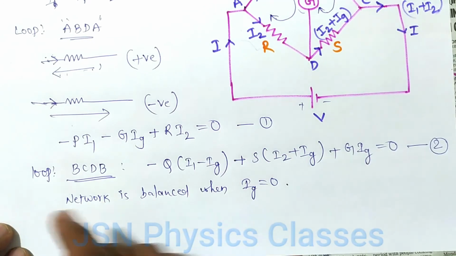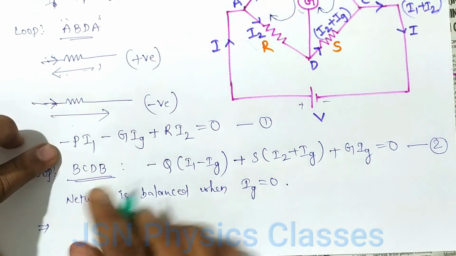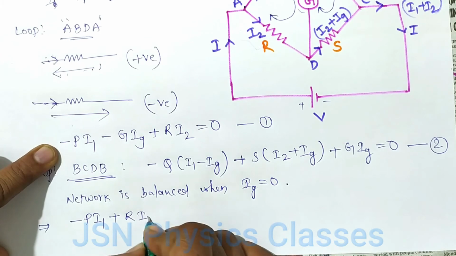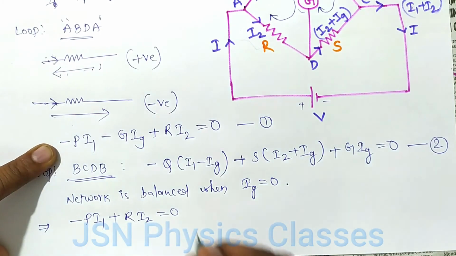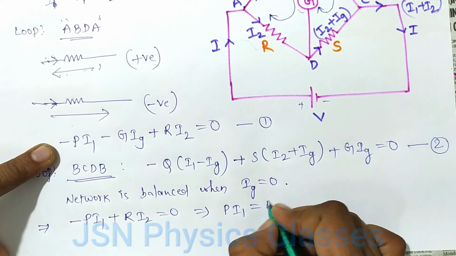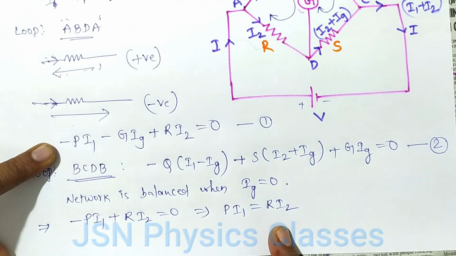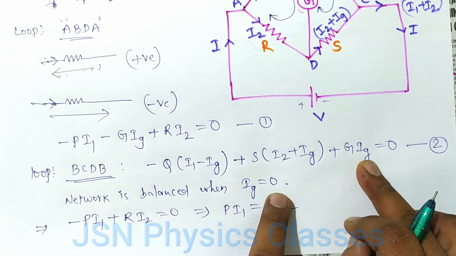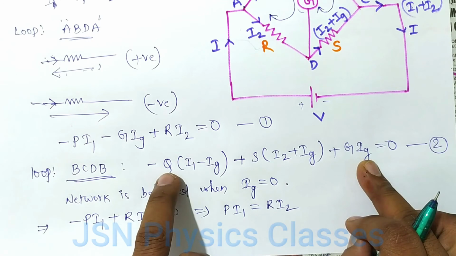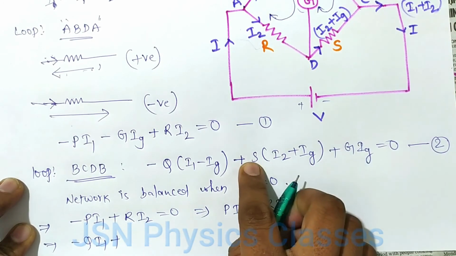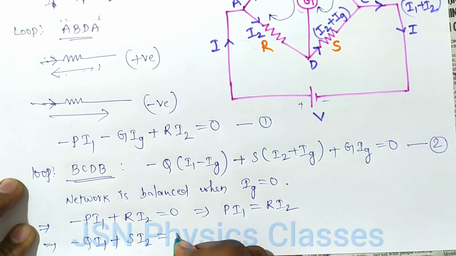So if you substitute, the first one is minus P I1 plus R I2 is equal to 0.